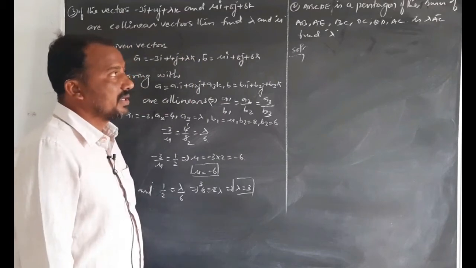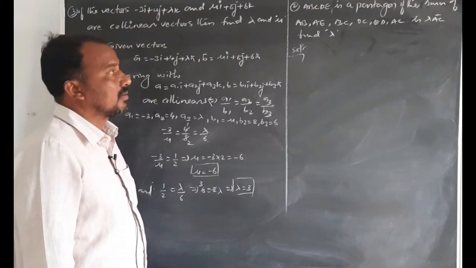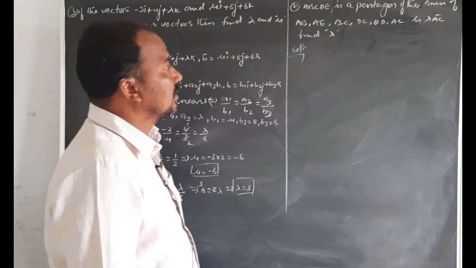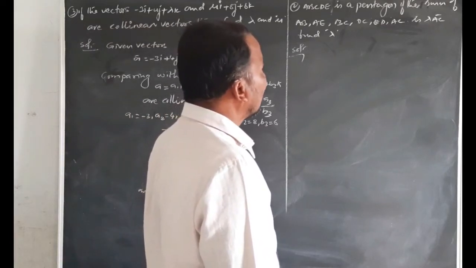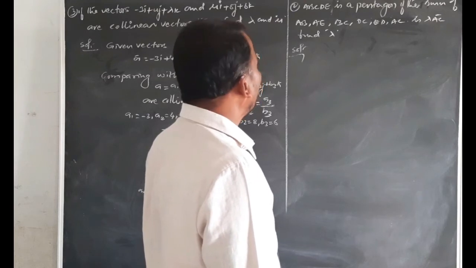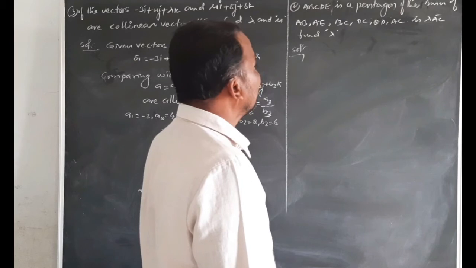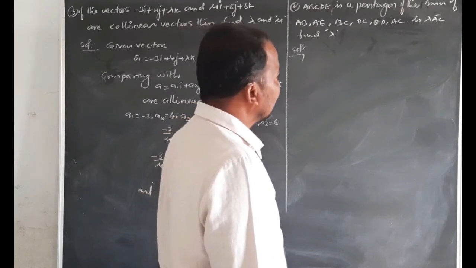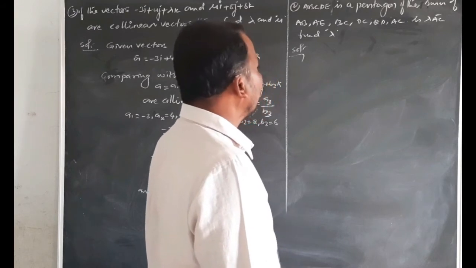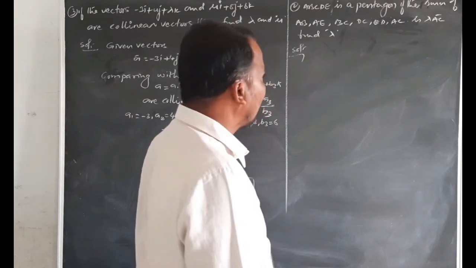ABCDE is a pentagon. The sum of AB, AE, BC, DC, ED and AC is lambda AC. Find lambda.